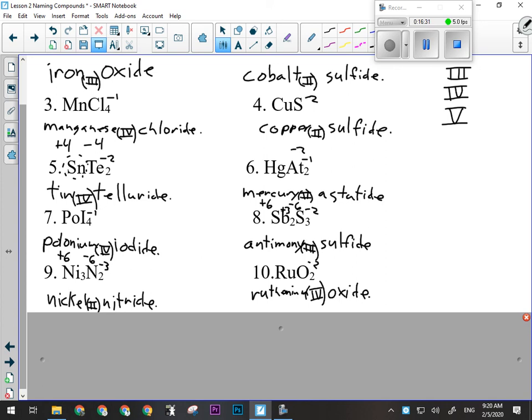It says on here that ruthenium can only have a +3 charge. That must be the update to it. Ruthenium on here can be 3 or 4. But okay, I'll go with that.